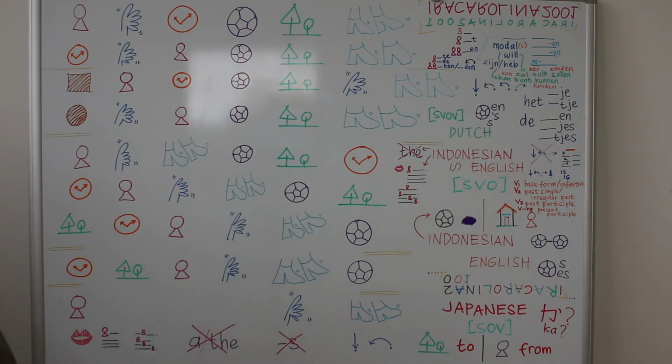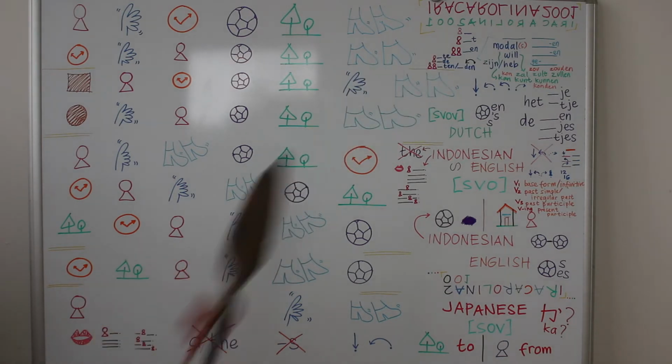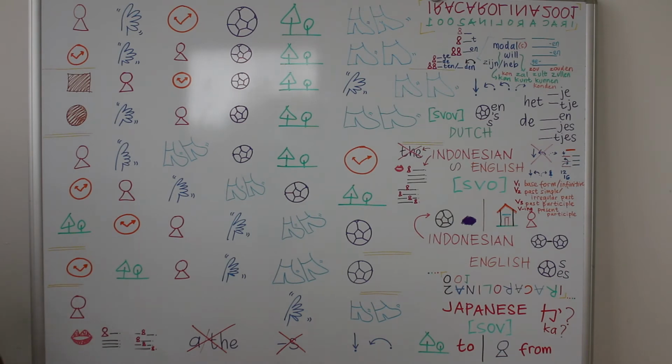With that, I'm not sure if I should put it as SVO or SOV, because Dutch sentences sometimes consist of two verbs. It can be in four kinds of possibilities. The first one is a phrase or phrases that consist of at least two words.